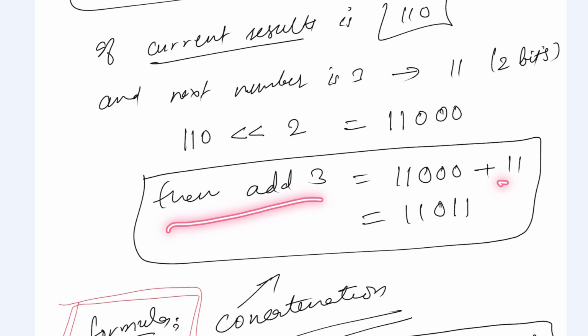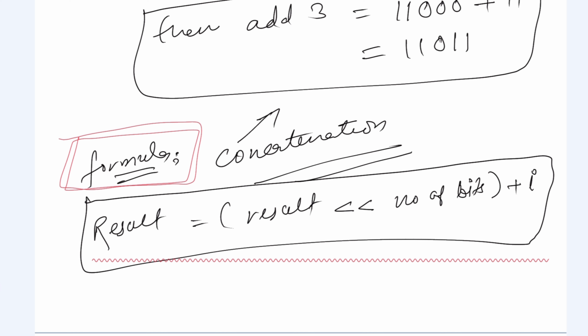Then we add 3, which gets added there after the shift. So the formula becomes: result left shift the number of bits, plus i. The i is the value that we convert into binary. I hope you are understanding what we are doing. So how many bits do we have here? This is the important question.